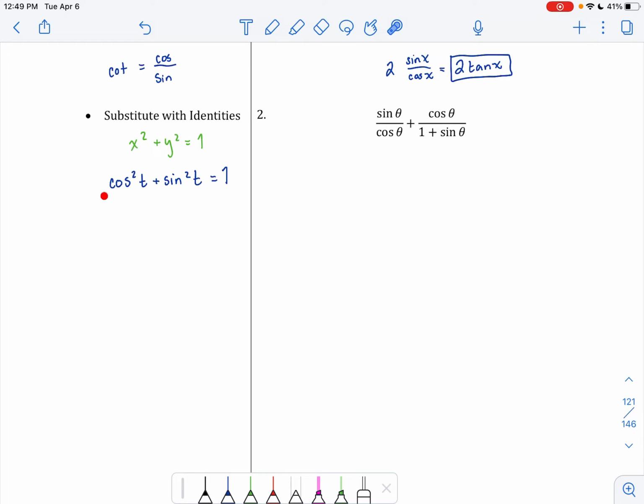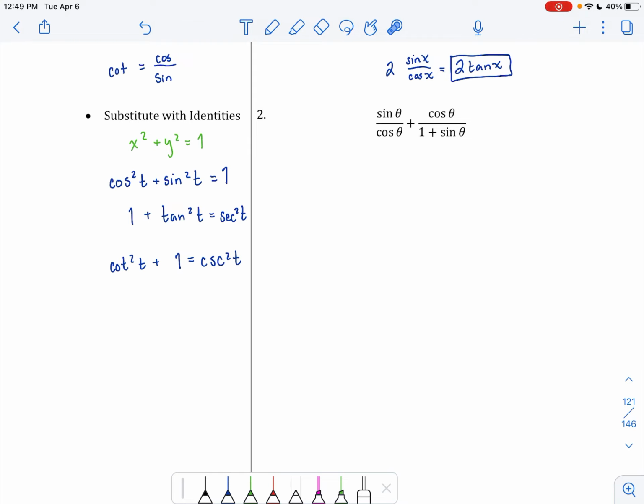Now, if I divided this by, let's say, sine, this also says that 1 plus tangent squared is equal to 1 over cosine, which is secant squared. And if I divided that whole first function by sine, it would say that cotangent squared t plus 1 is equal to cosecant squared. So these are your three identities that you can also use.